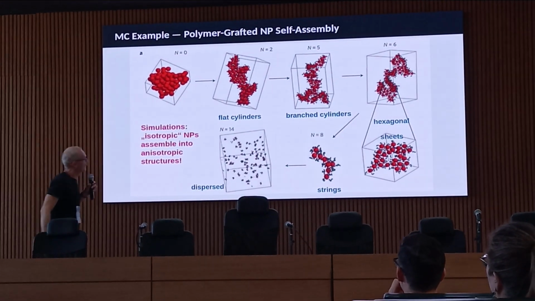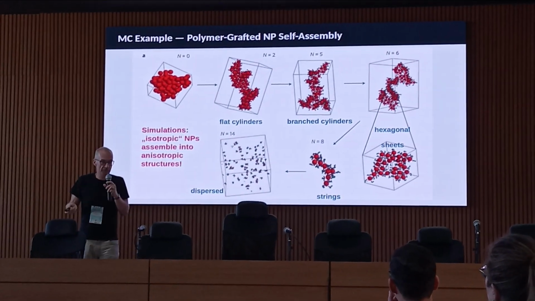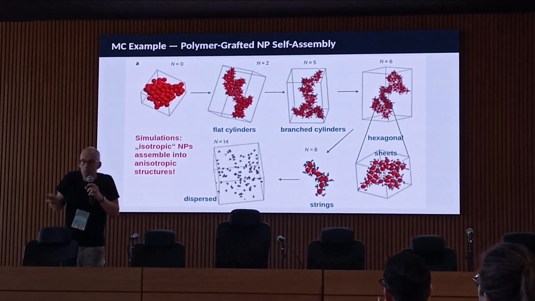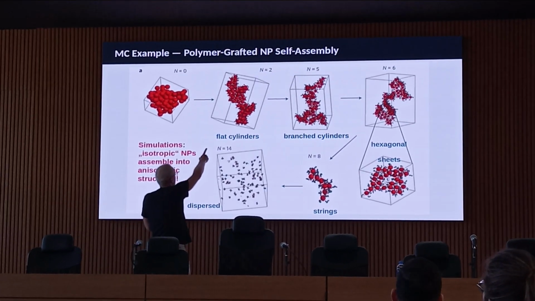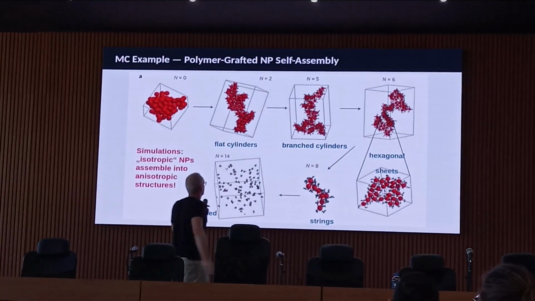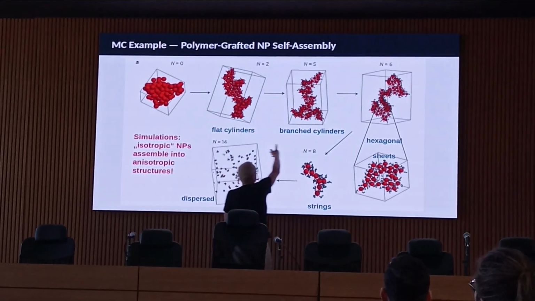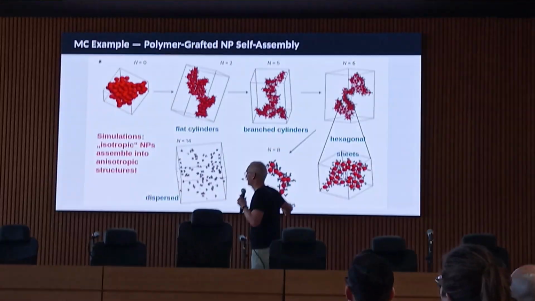Here are examples that I show. So I go from N to 0, so you only have these nanoparticles in solution, nothing happens. So you have now 2 hairs, 5 hairs, going up to 8 hairs. And what you do is you go from cylinders to hexagonal sheets, then down to strings, and then you disperse the system.